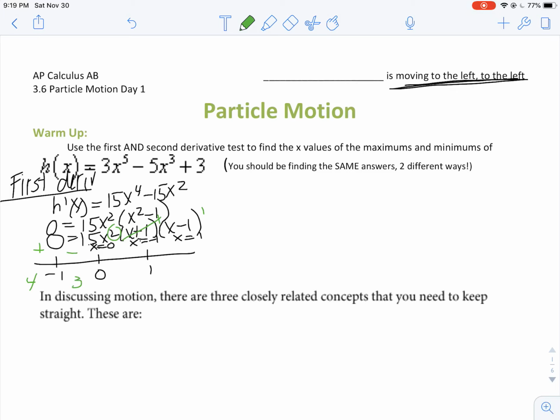Odd number of negative factors is going to be negative. Then I go by 0, and both of these factors are gone. So now I'm down to 1, so that would also be negative. And then take out that one. Now I'm down to 0 negative factors, which would be a positive number. So that tells me that I have a relative max right here and a relative min right here.